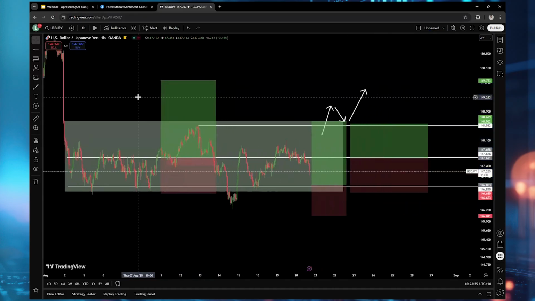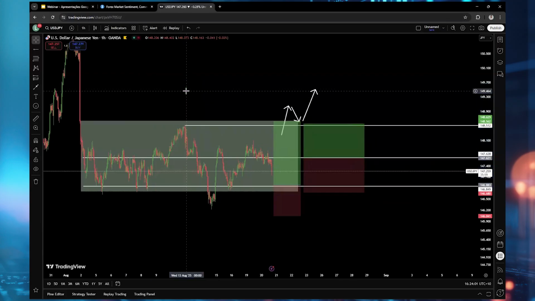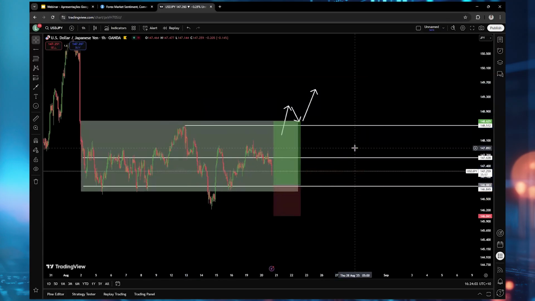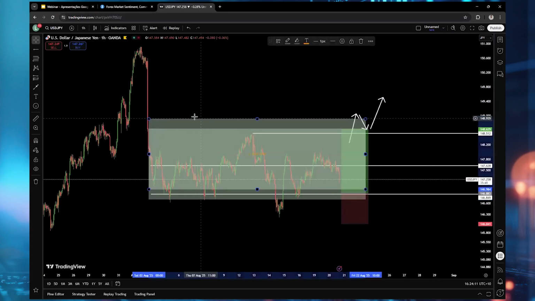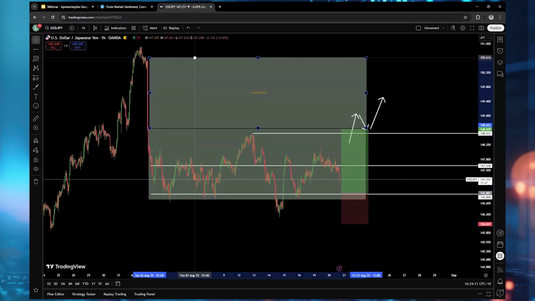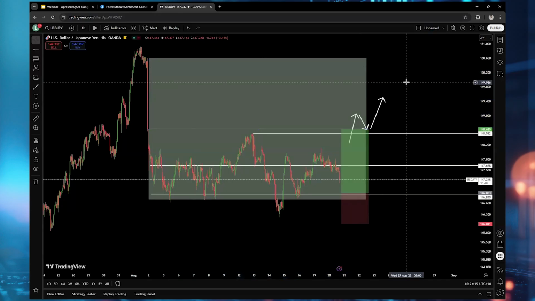Okay. Now, usually with a breakout, what we want is a continuation. We want to break and then back and then continue to go up. So in the majority of the scenarios, the breakout happens, and then the second thing that happens is the same size of the consolidation that goes up.